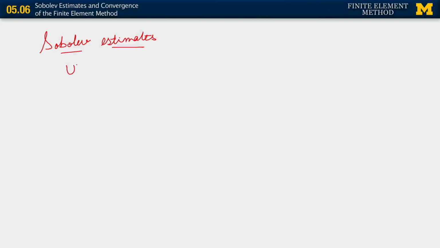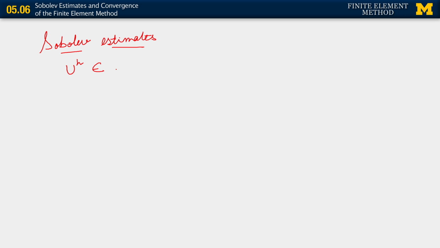Sobolev, of course, refers to the type of space that we're working with, and I'll tell you what we're trying to estimate here. In order to say what we're trying to estimate, let us reuse our symbol U, capital U of H, that we introduced before, right?